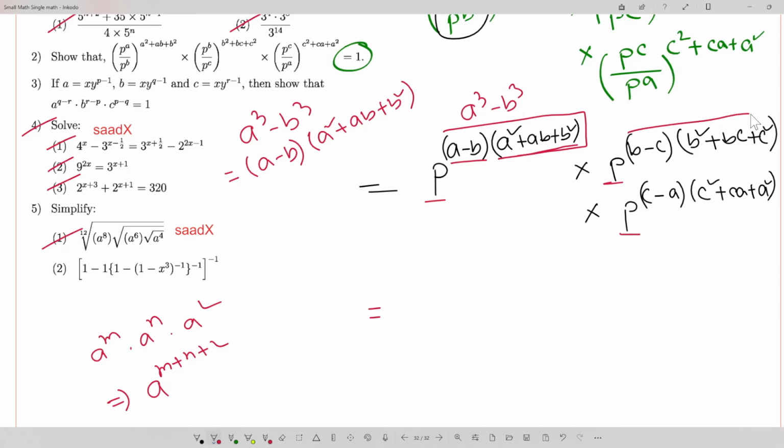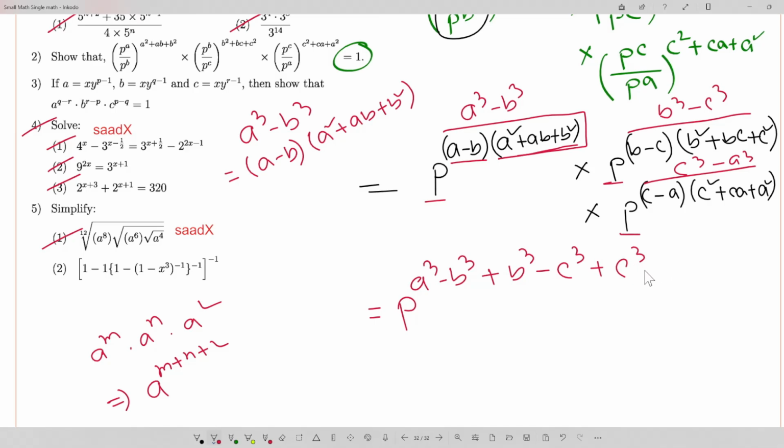Similarly, for this one we can write b cube minus c cube, and also for this one c cube minus a cube, right? So we can write a cube minus b cube, and this is the product exponential law, so everything will be added. So plus b cube minus c cube plus c cube minus a cube, right?